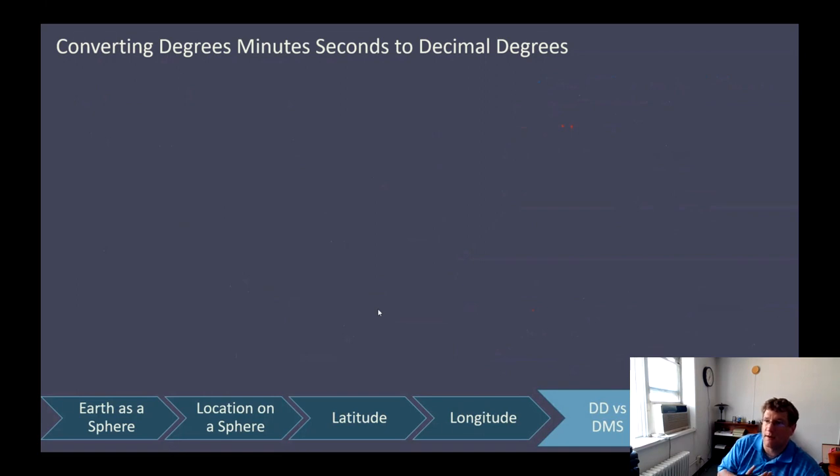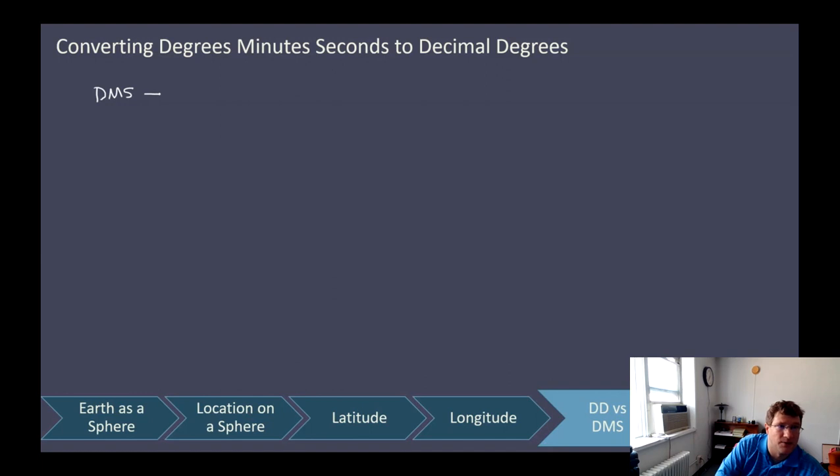So let's go ahead and talk about how we can convert from degrees, minutes, seconds to decimal degrees, right? So how we can go from one to the other. And I think this is going to highlight how the different approaches are constructed. And hopefully you'll all come away with a better understanding of how each one works. Right, so we start with degrees, minutes, seconds, which we can abbreviate as DMS.